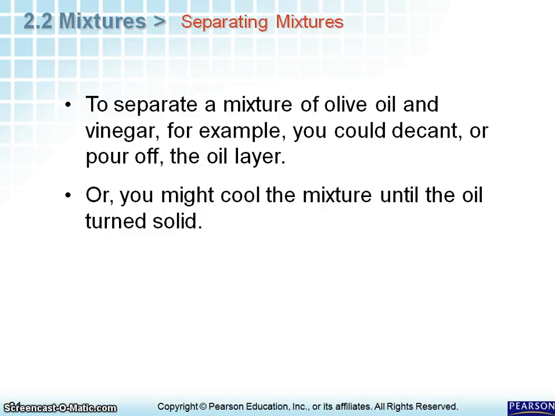A lot of times you would use a spoon upside down as you pour the liquid over the spoon so that you could help decant that. You might cool the mixture until the oil turned solid, and then you'd have this solid mass that you could just remove completely from the other phase, like the vinegar or water.